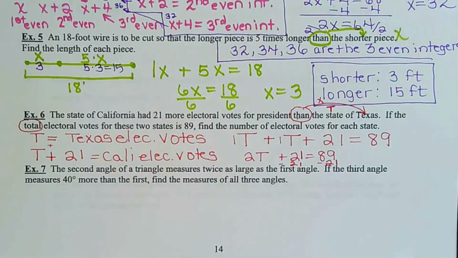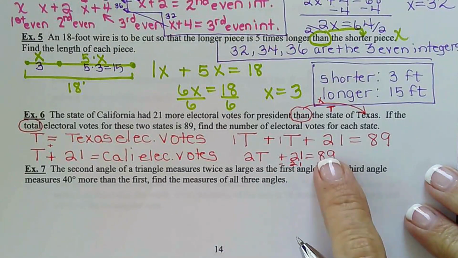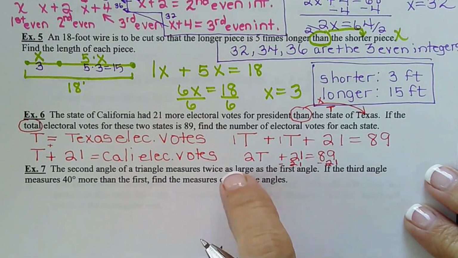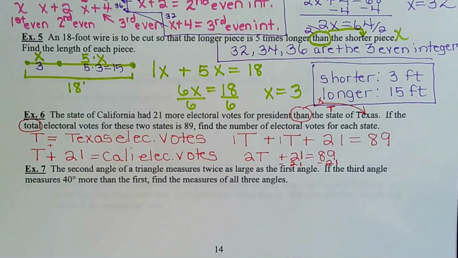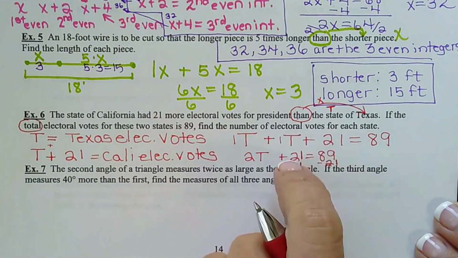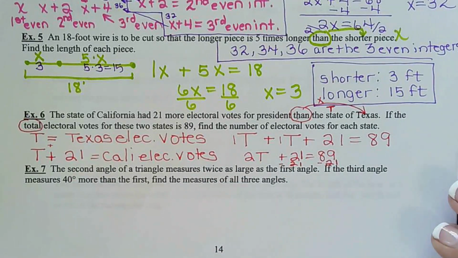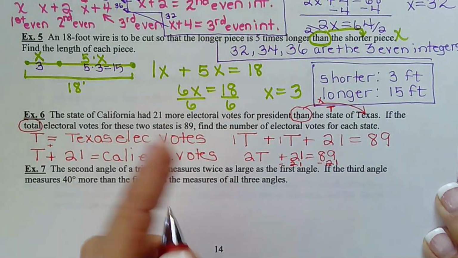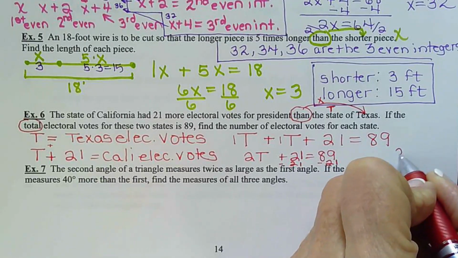But see, my mind's always checking to make sure the problem makes sense. Because if I would have subtracted 2, it would have been 87 divided by 2. That's a decimal. We can't have a decimal number of electoral votes. So that was my hint to check my work. I'd lost the 1 on the 21. So now it's going to work just fine.